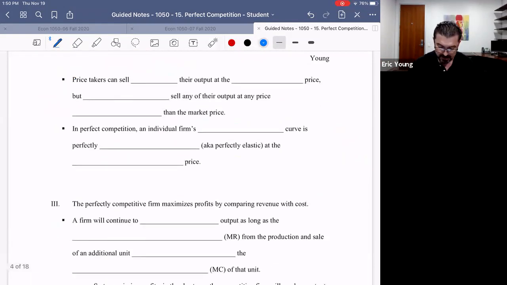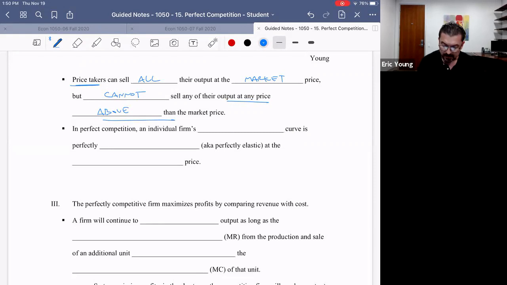Another implication of this is that we assume in competitive theory that since the firm is a price taker, it can sell all of its output at the market price. So the firm, we assume, can sell effectively unlimited output as long as it's charging the market price. But on the other hand, it cannot sell any output if it charges any price above or in excess of the market price.